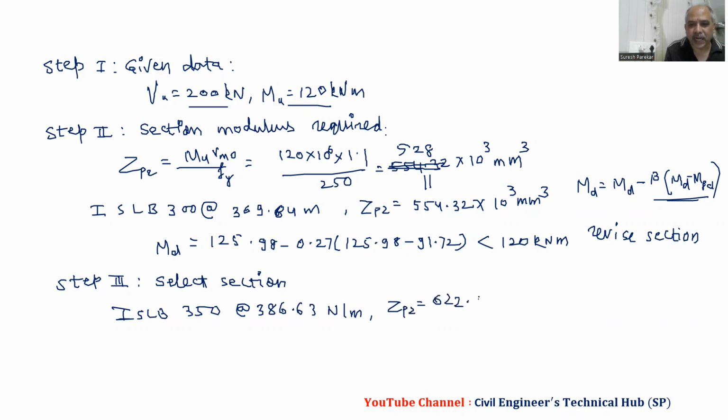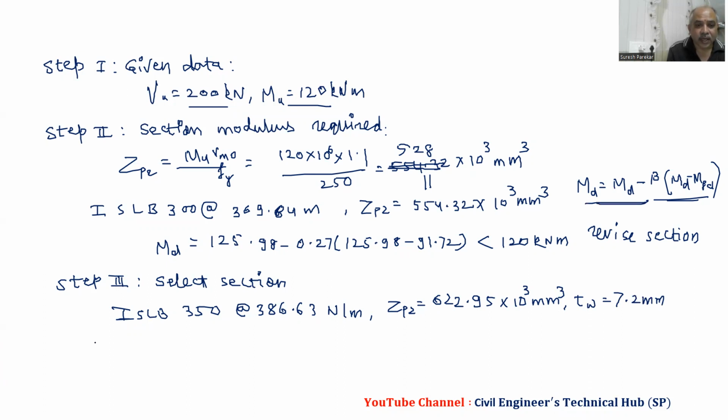In between, we do not have any section of ISLB or MB, and therefore we have to go for this. Do not use ISHB or ISWB for this. TW also we require, which is 7.2 millimeters. And then I have just mentioned this formula, so we have to go one by one.